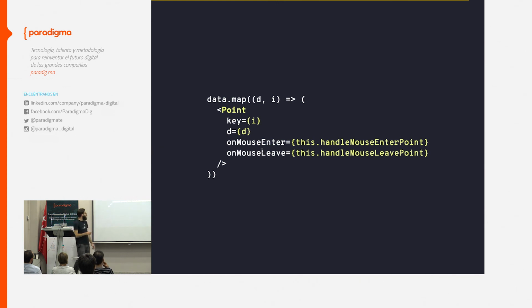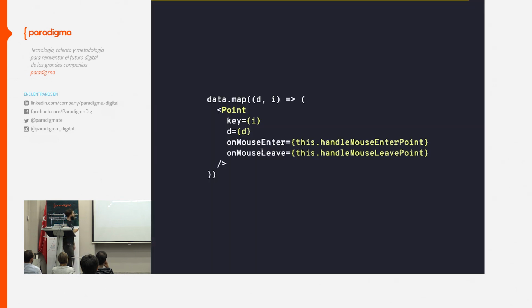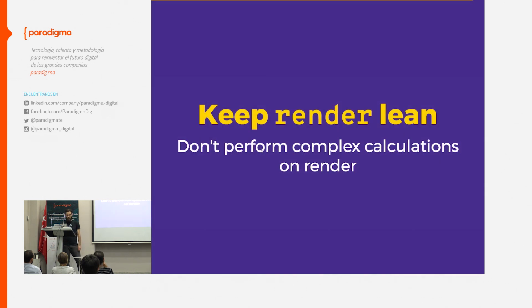We just need to pass a function that is on our class instead, and instead of, like before, passing the data point from outside, it should be the point component that is calling those methods with the data we want. That way, this function will always be the same, and we are avoiding a lot of renders.